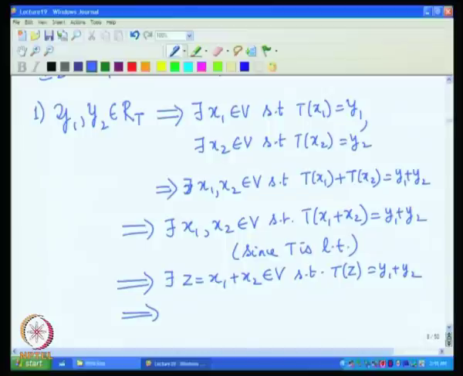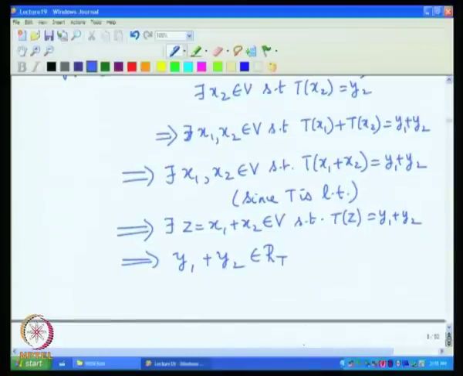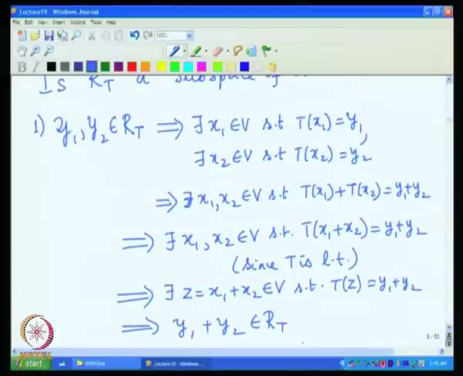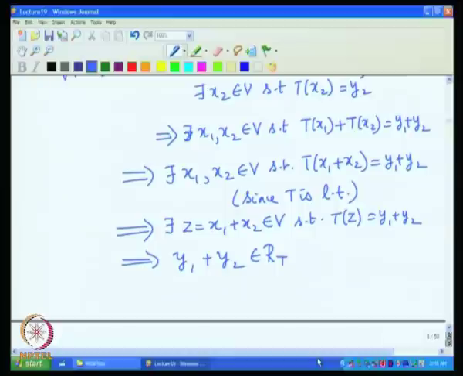So, y 1 plus y 2 is a value taken by T, therefore, y 1 plus y 2 also belongs to R T. So, if y 1 and y 2 are in R T, y 1 plus y 2 is also in R T, which means R T is closed under addition.